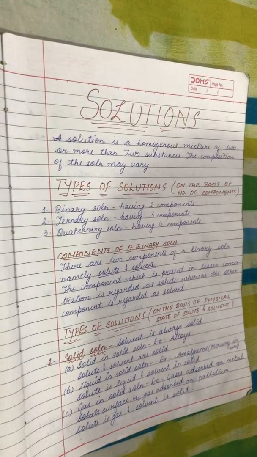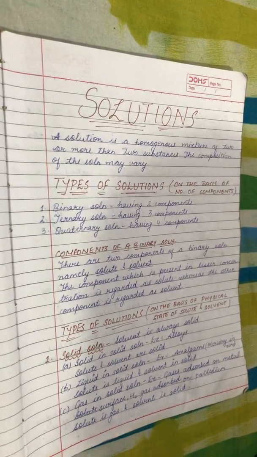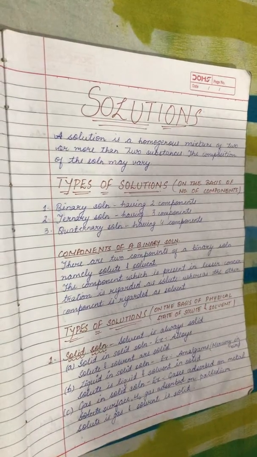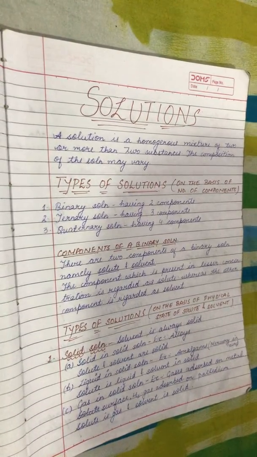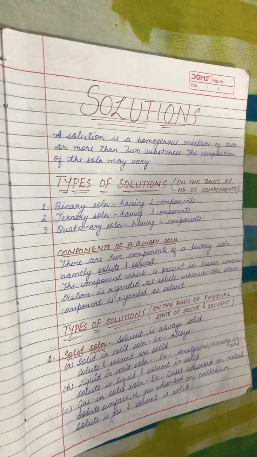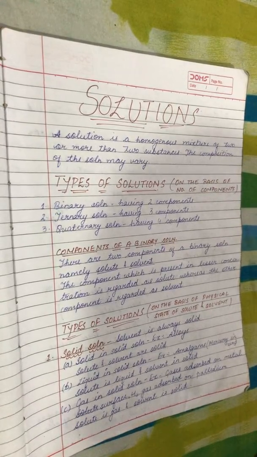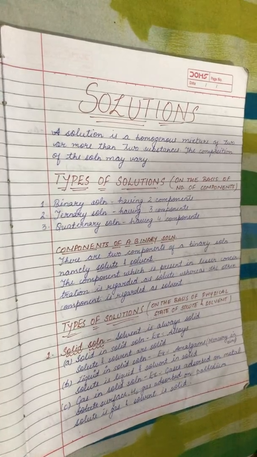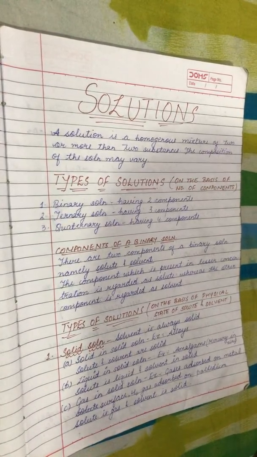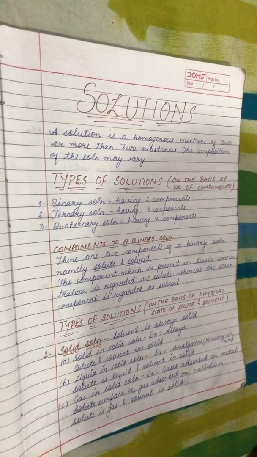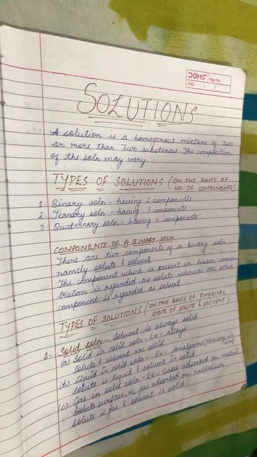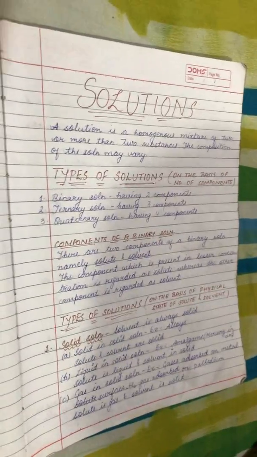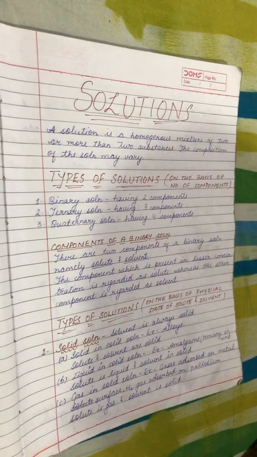We have section A in which we have 20 questions which may be MCQ, reasoning assertion type, fill-ups, etc. Section B includes 7 questions of 2 marks each, section C includes 7 questions of 3 marks each, and section D includes 3 questions of 5 marks each. There may be internal choice.